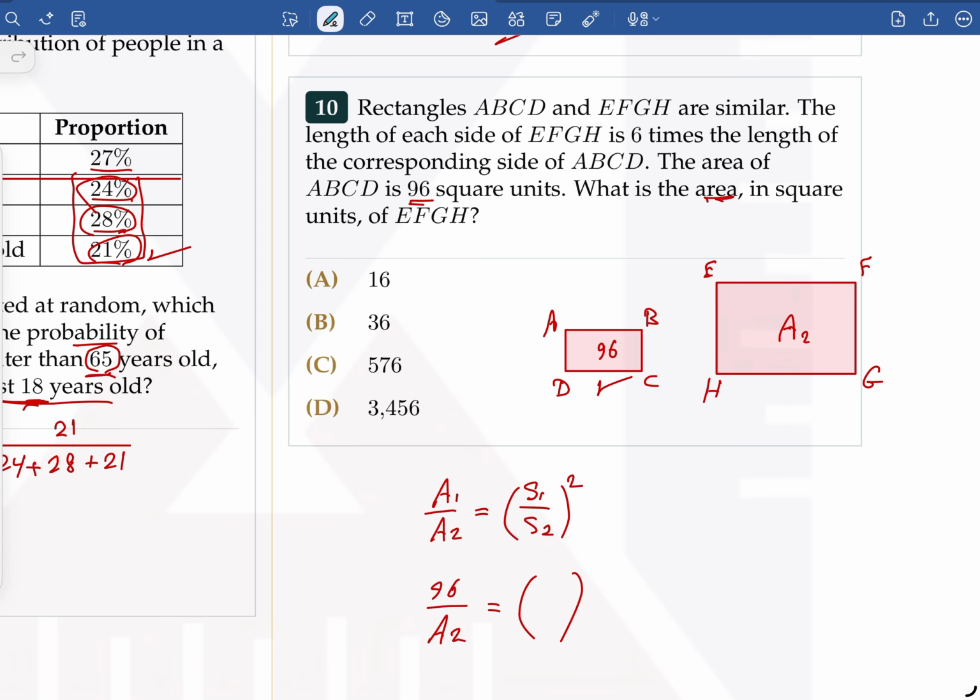But let's name this, for example, S. This will be 6S, because it's multiplied by 6. Or it's much easier to consider this 1. If this is 1, this will be 6 times 1, which is 6. This is the easiest number to use. So we write 1 up for the side length of the first rectangle, and 6 in the denominator that represents the other rectangle, and then square.